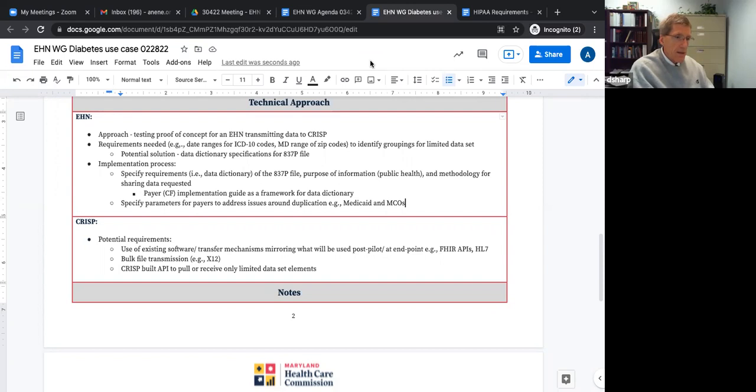What the statute really looks at is how we can be more creative around data in flow, meaning that a patient goes to see their physician and the physician sends a claim or an eligibility inquiry to the carrier.